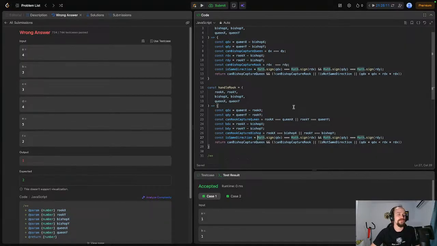Can rook capture bishop, is same direction. I think we gotta do qdx and qdx equals rdx, or qdy and, actually, is it that simple?